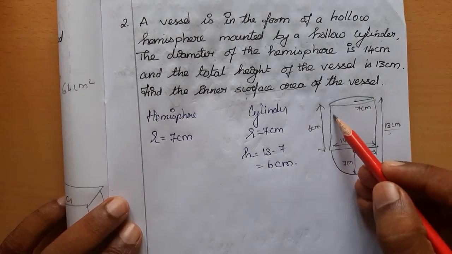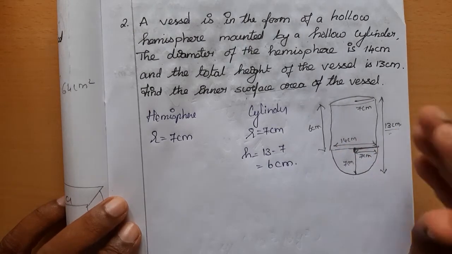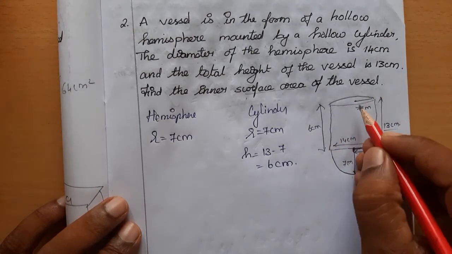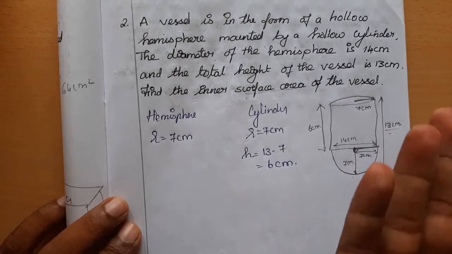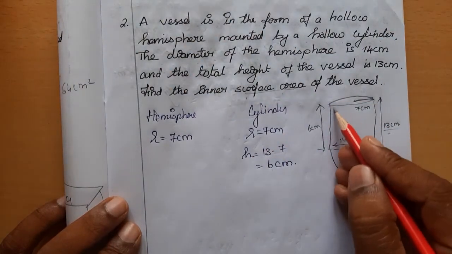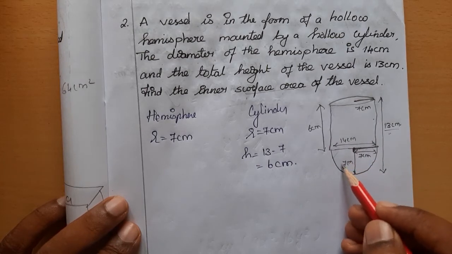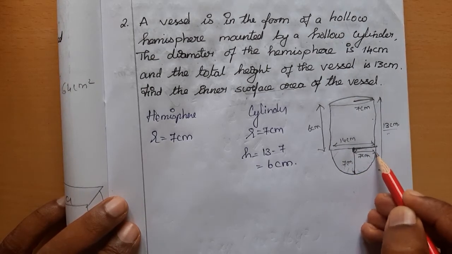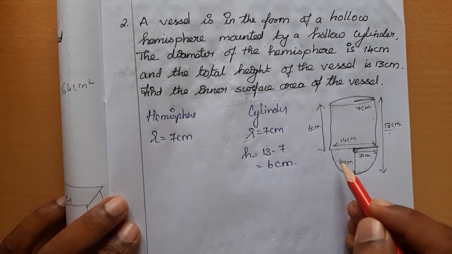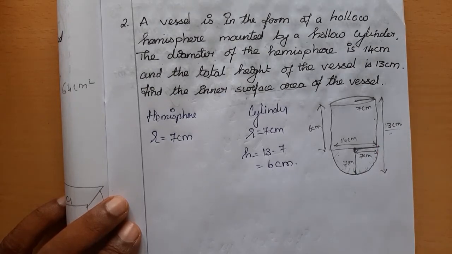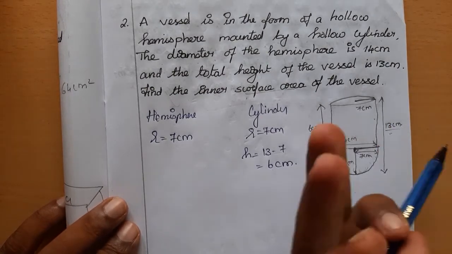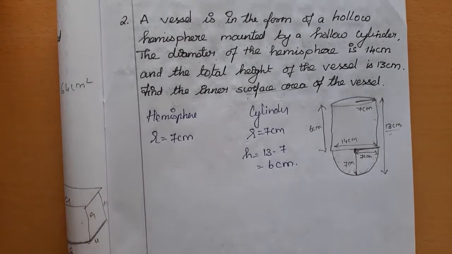So the inner surface area of the cylinder is just the curved surface area of the cylinder, since they gave the inner radius only. So we have to find the inner curved surface area of the cylinder plus the inner curved surface area of the hemisphere.